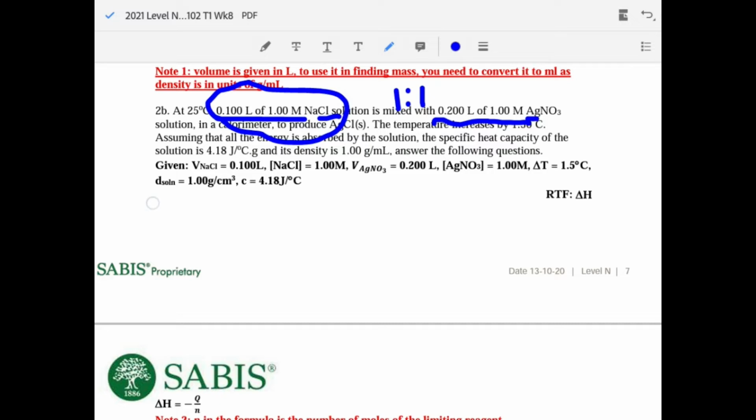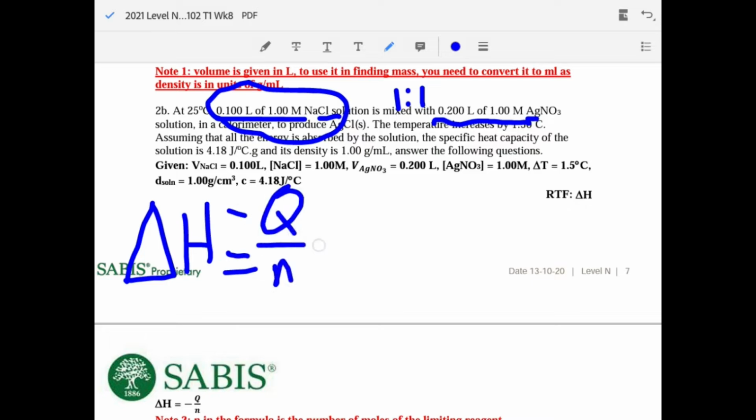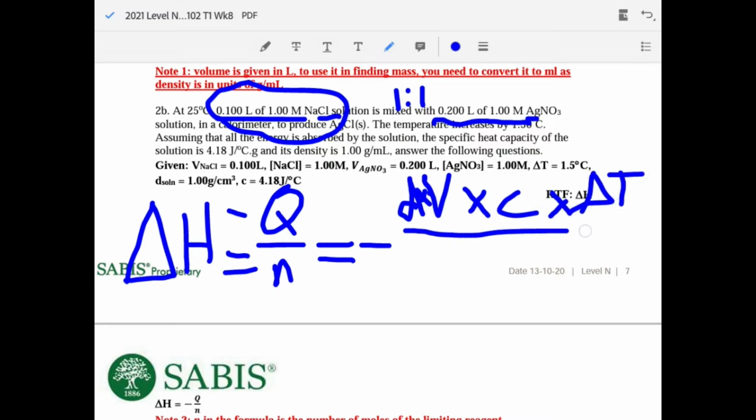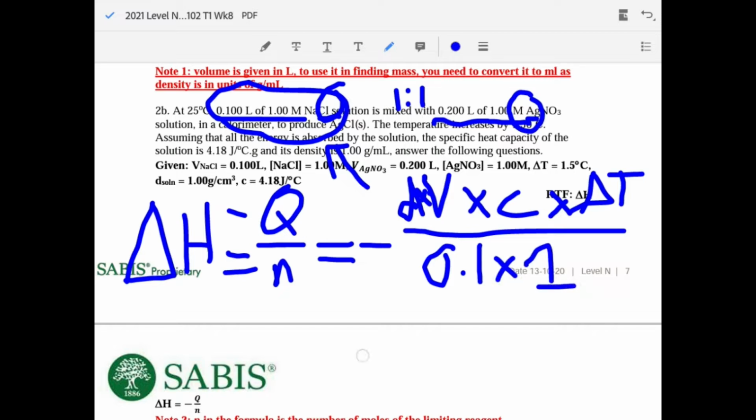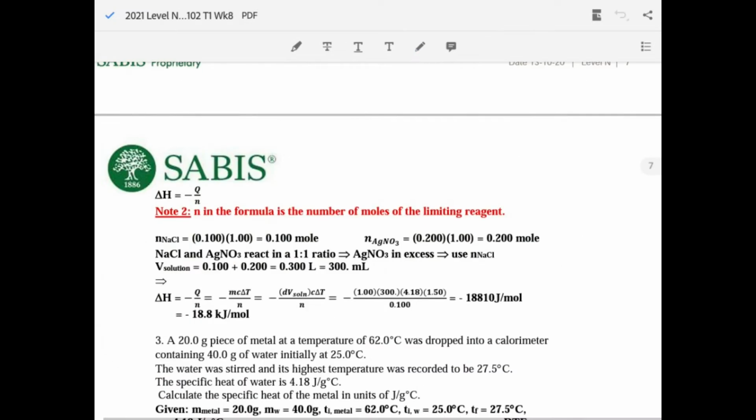So now it's the exact same thing to find delta H. You do Q minus Q over M, which is equal to minus mc delta T, but since you have density, it's density times volume times C times delta T over, this time you take the limiting reagent. So the number of moles, AgCl. So Ag and Cl, it's 1-to-1 ratio again, so 0.1 times 1. And then you answer the question and you end up with 18.8.